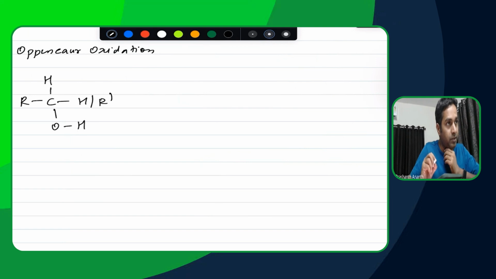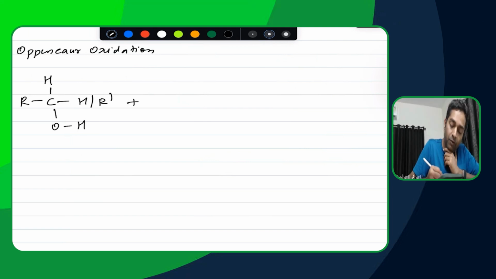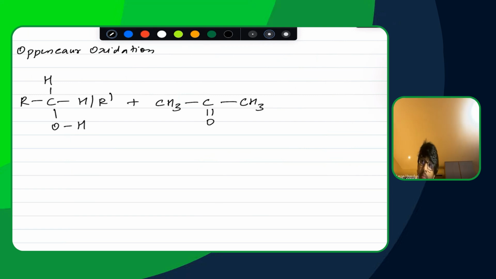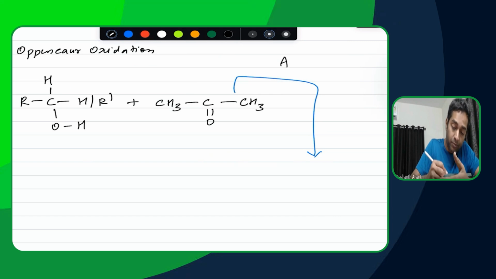This I will now react with acetone. This time though, I will be using aluminum tertiary butoxide.